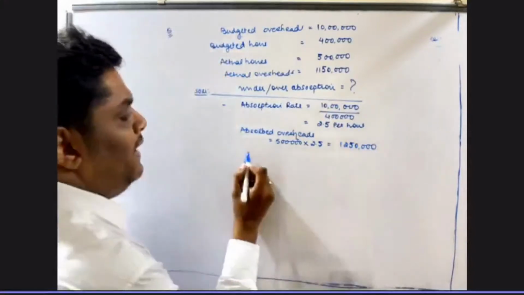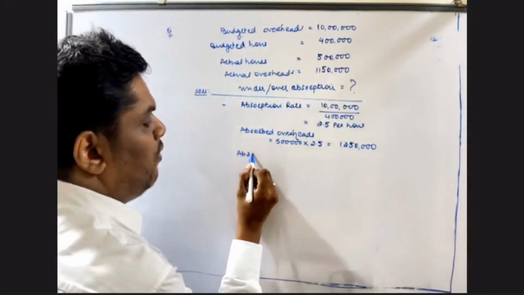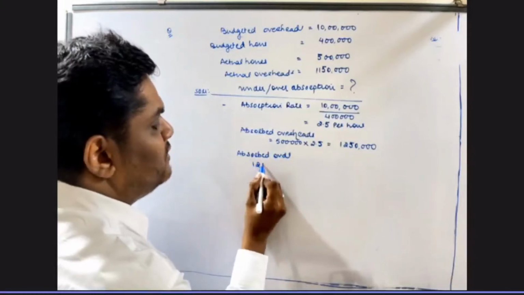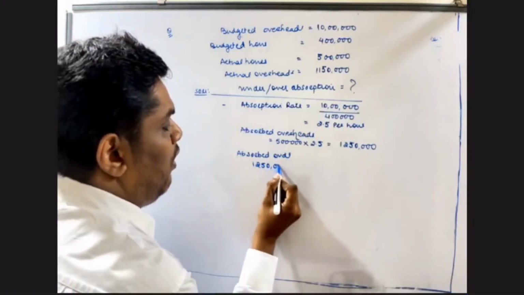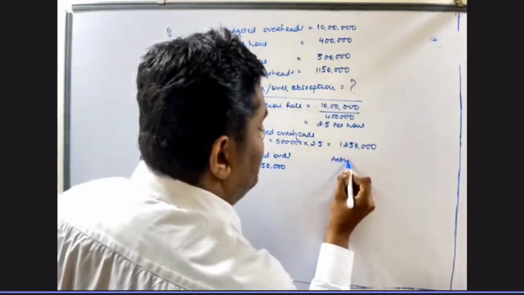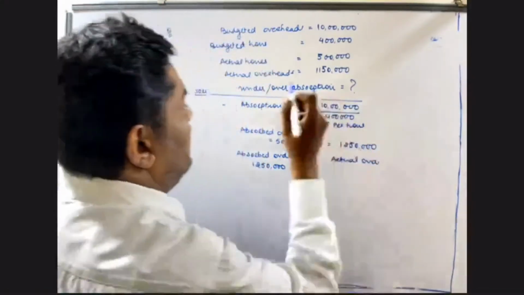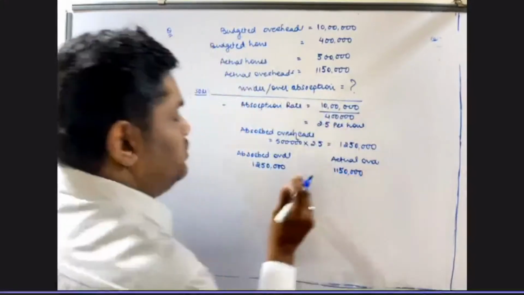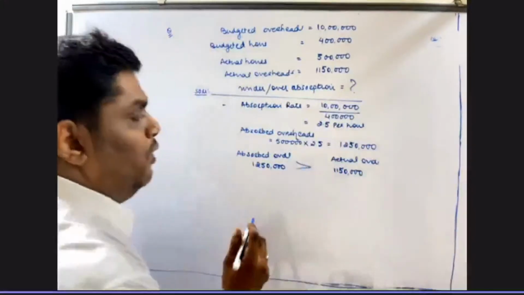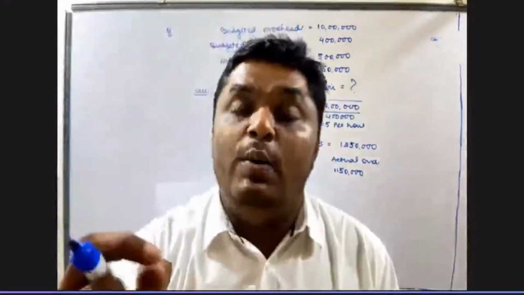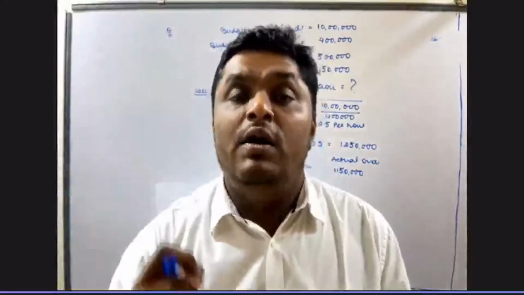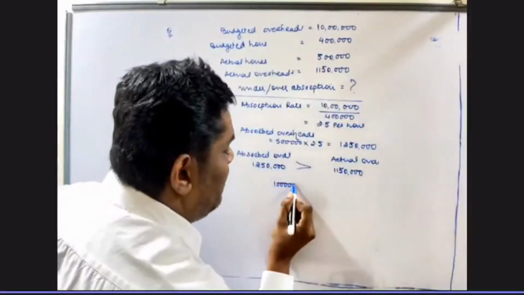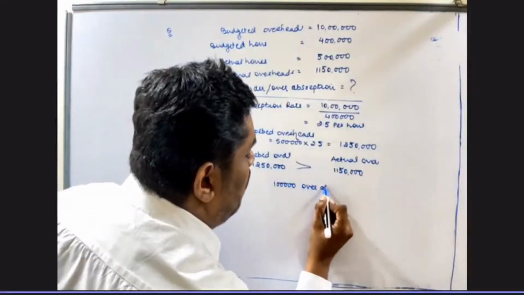Now my absorbed overheads are 12 lakh 50,000 and my actual overheads are how much? 11 lakh 50,000. So herein my absorbed overheads are more. If my absorbed overheads are more, it means what? We call it over absorption. So herein we can call it 1 lakh over absorption.